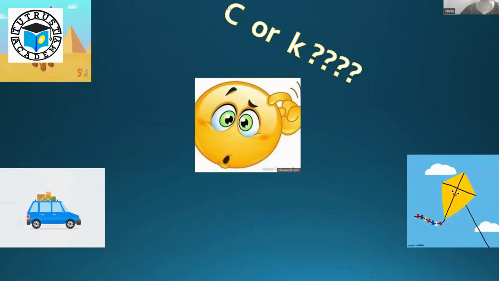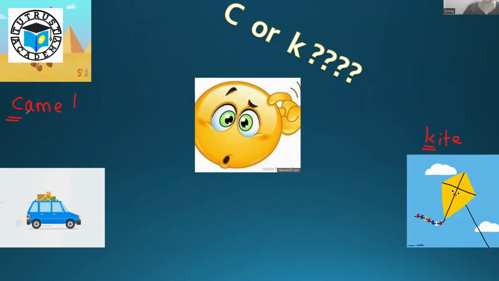Now, for example, just see this. You have some pictures over here, right? Can you tell me what is this? This is a camel. C-A-M-E-L. Now, the starting letter is a C. What is this? This is a kite. Okay, the starting letter is a K. Now, C also takes the K sound. K also takes the K sound.